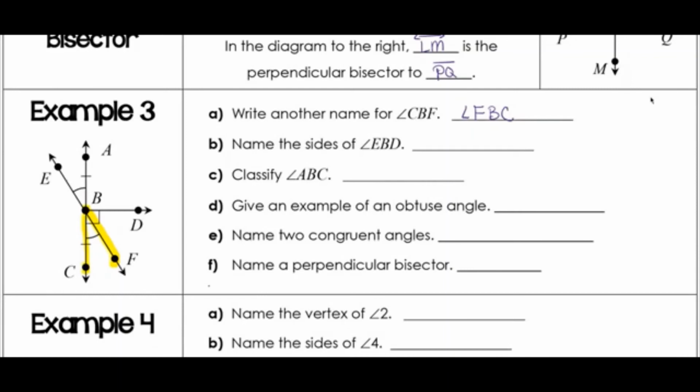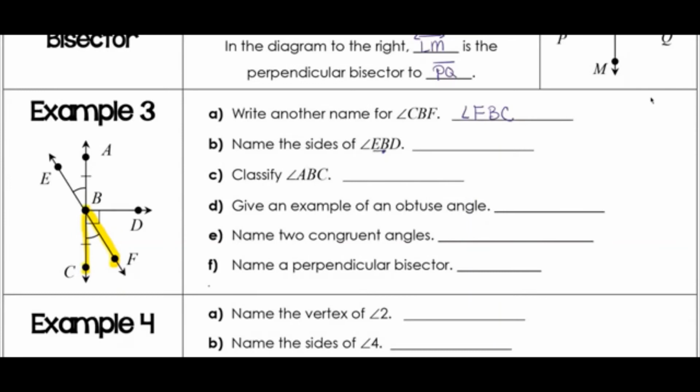Now name the sides of angle EBD. Alright, so I'm going to give you a helpful hint here so that you don't actually have to look at the angle when it wants you to name the sides, right? If you recall, the middle is the vertex, okay?